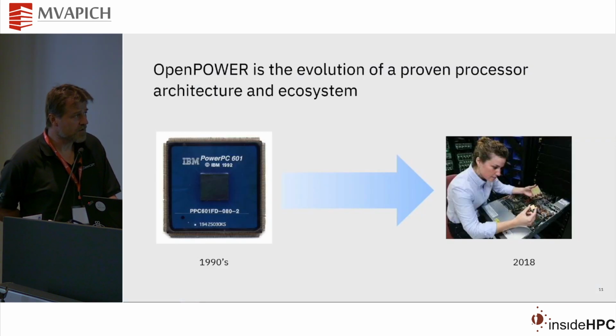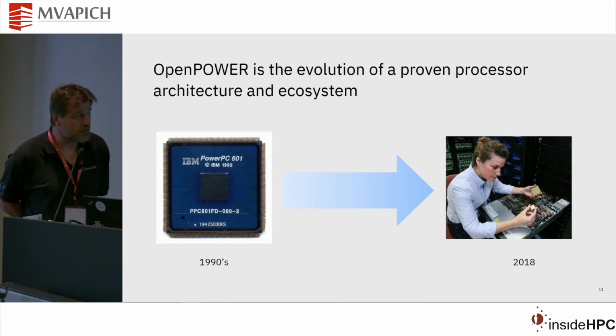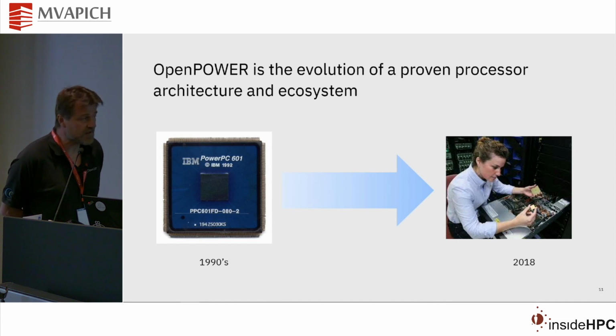This is the goal of the OpenPOWER consortium. It's the evolution of a proven processor architecture and ecosystem. In the 90s, as you might know, the IBM consortium with different chip providers collaborated to propose the first PowerPC.